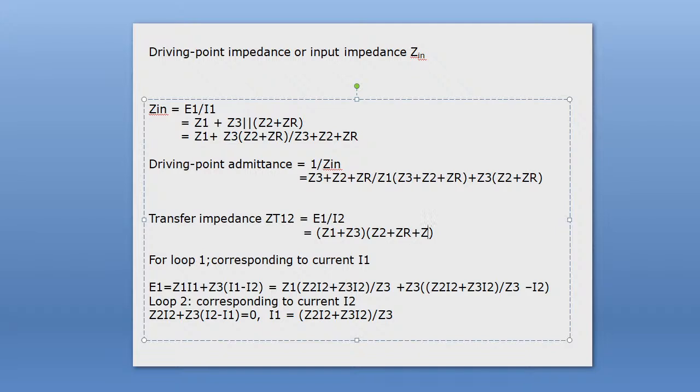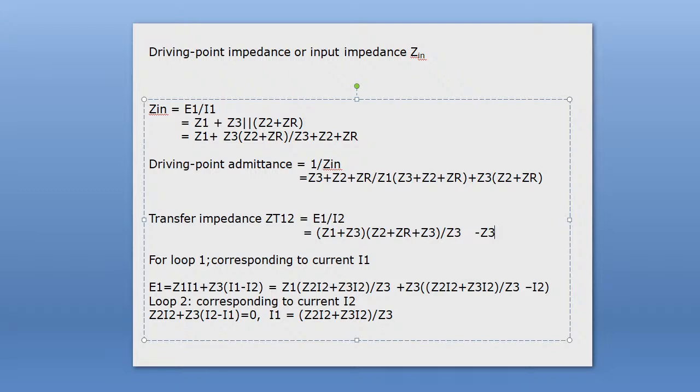plus Z3 divided by Z3 minus Z3. Okay, minus Z3.